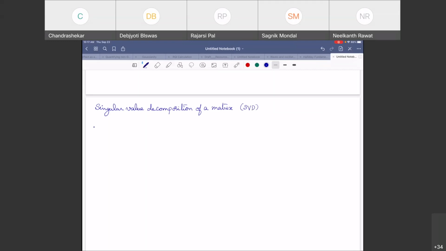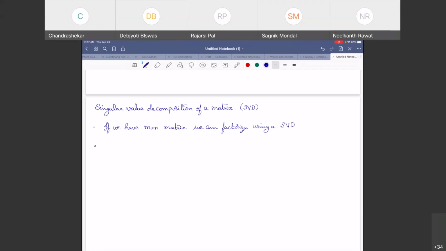It is a factorization of a real or complex matrix which is m by n. So if we have an m by n matrix, we can factorize it using singular value decomposition.